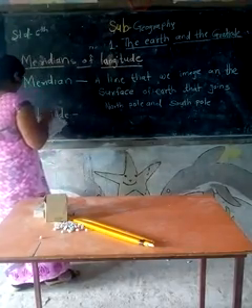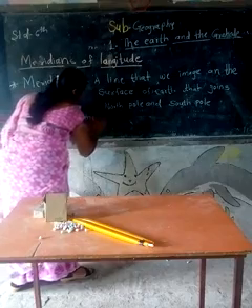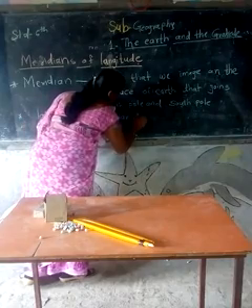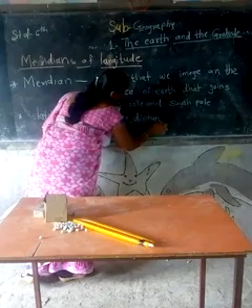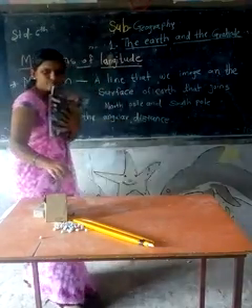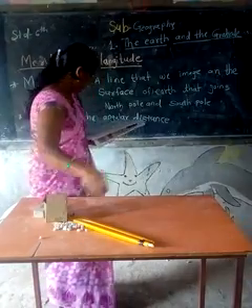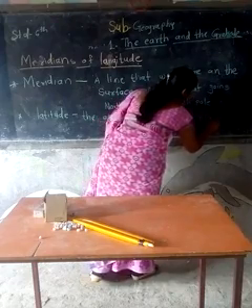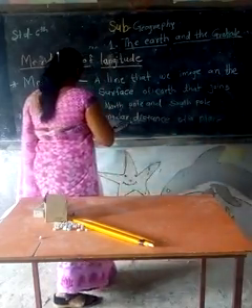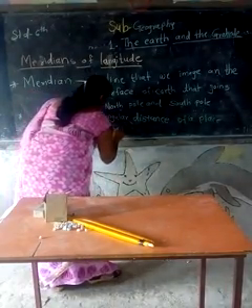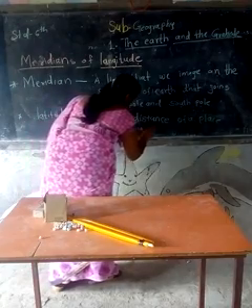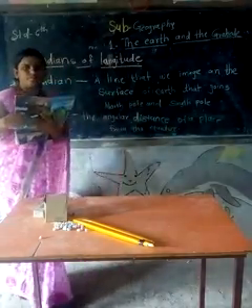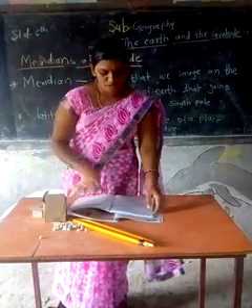Latitude means the angular distance of a place from the equator.